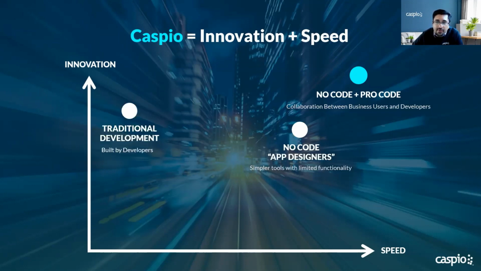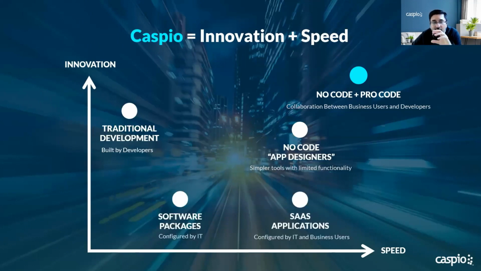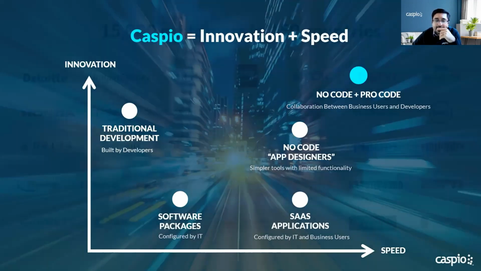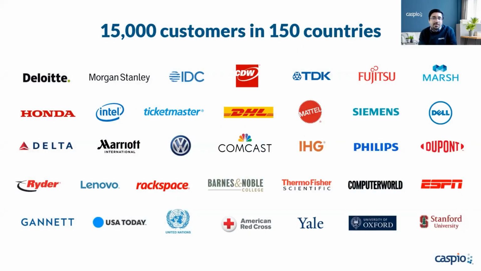Similar to traditional development, but at the speed of SaaS applications or faster, while avoiding the limitations that are inherent in packaged software. So it is this flexibility that has helped us win over 15,000 customers of all sizes and across all verticals around the world, including some of these famous logos that you see here.